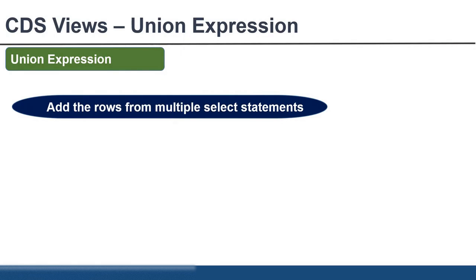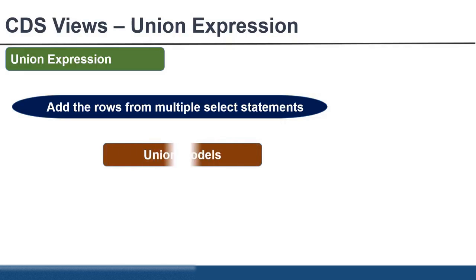CDS views union expression. Union expression creates a union of rows in the result sets of two or more select statements of a CDS view. It adds the rows from the multiple select statements. The prerequisite is that the structures of the result sets are compatible. The result sets must have the same number of elements and the pair of elements should have the same data type.